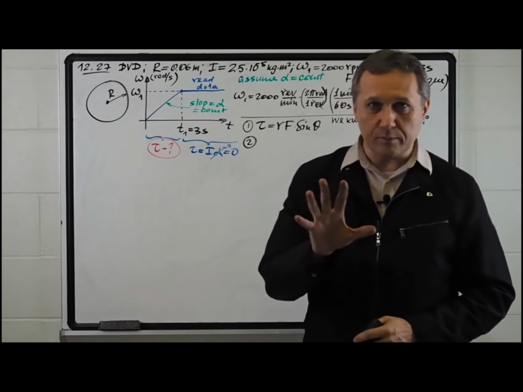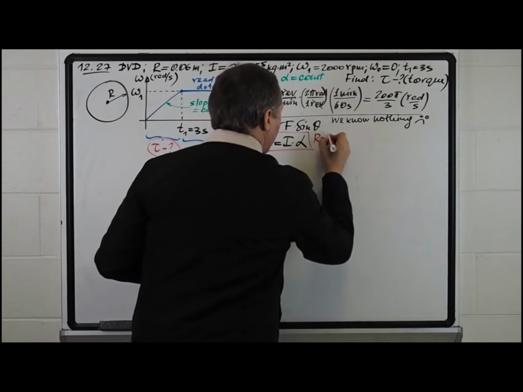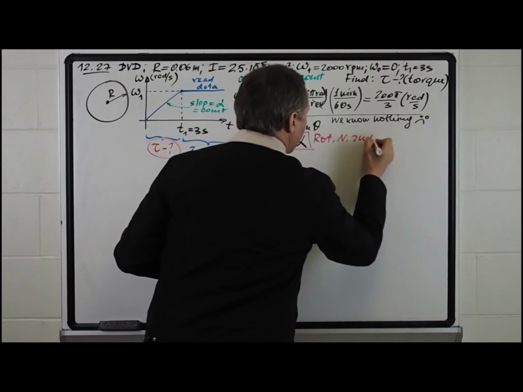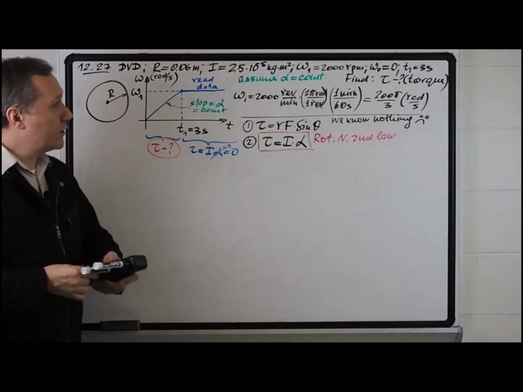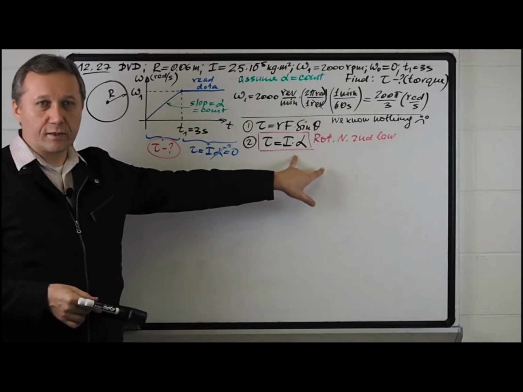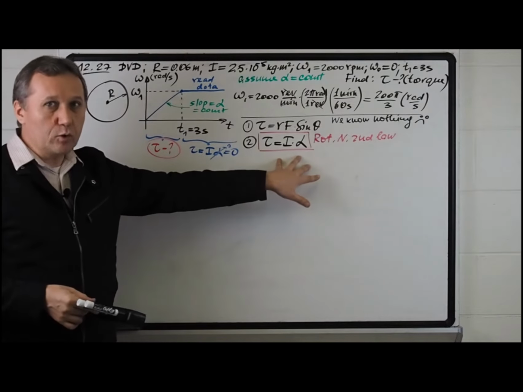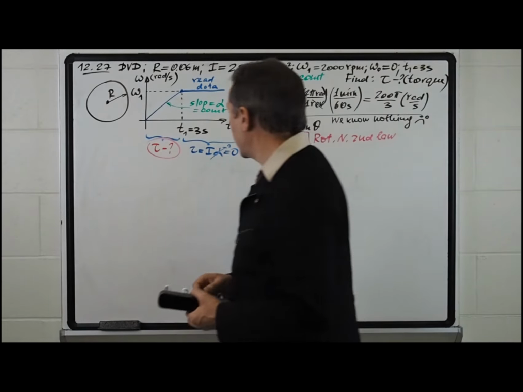Tau equals moment of inertia times alpha. Universal law. It's a rotational Newton second law. Next lecture, we will introduce a more general form of rotational Newton second law. But this law is general enough to solve this problem and tons of other problems.